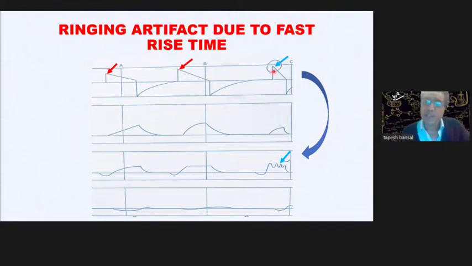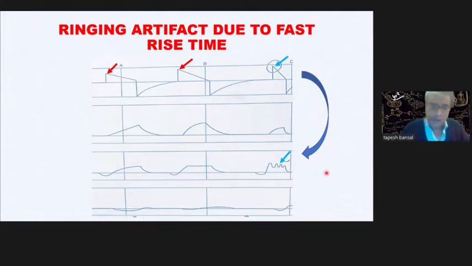So if the rise time is inappropriately fast for the ventilator, you get this called the ringing artifact, right? There's an overshoot of this rise time which cannot be handled by the circuit and you get this waveform which is called the ringing artifact.